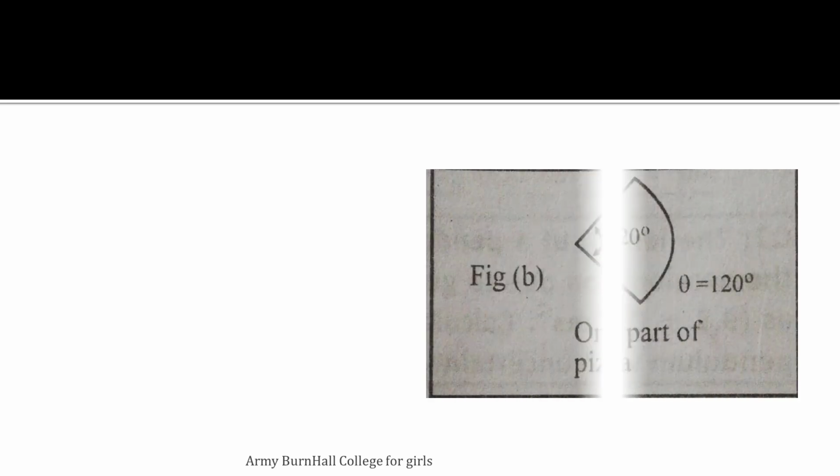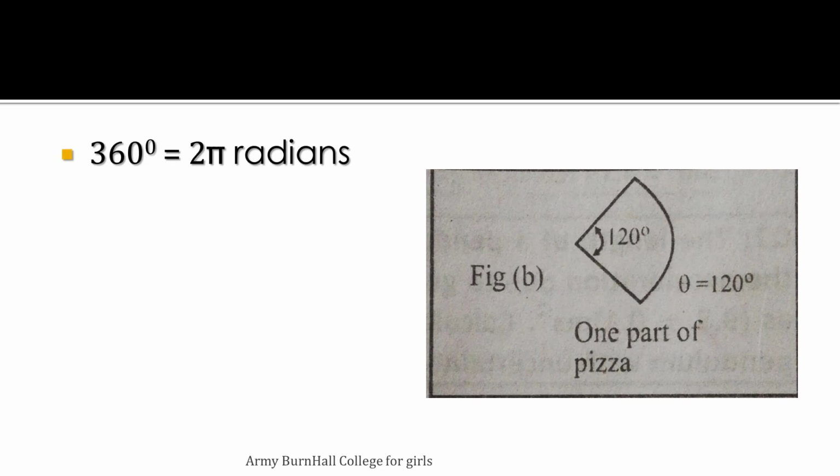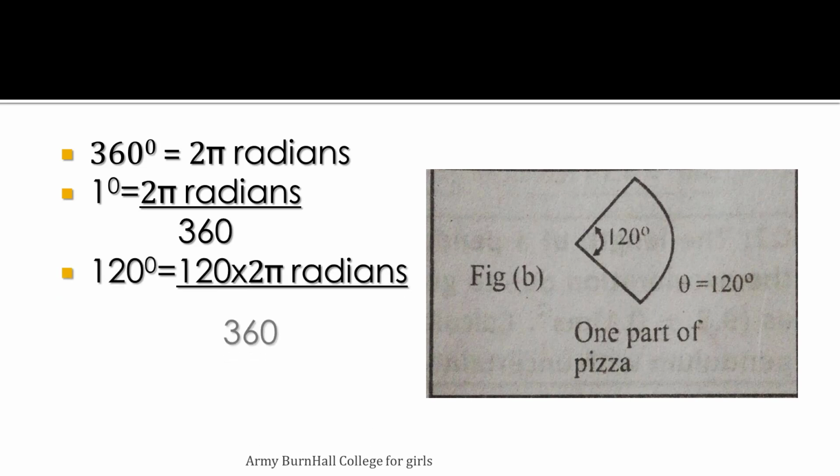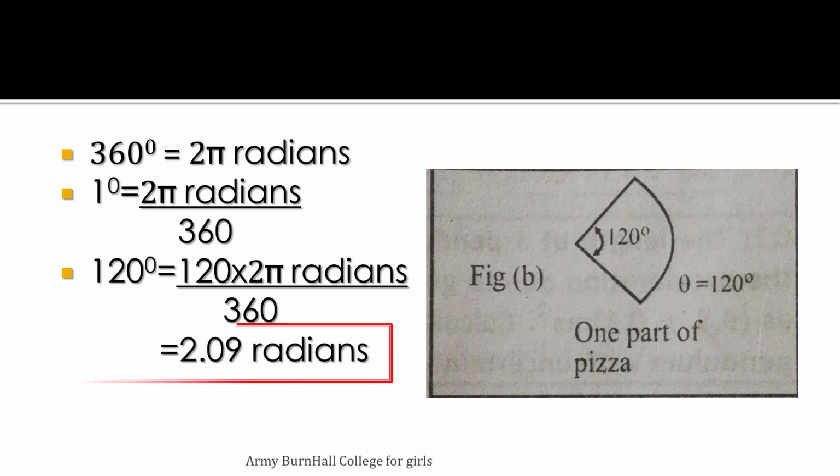We know that 360 degrees is 2 pi radians, so 1 degree is 2 pi divided by 360 radians, and 120 degrees is 120 times 2 pi divided by 360, which gives 2.09 radians. So the degree measure of a single piece is 120 degrees, and the radian measure is 2.09 radians.